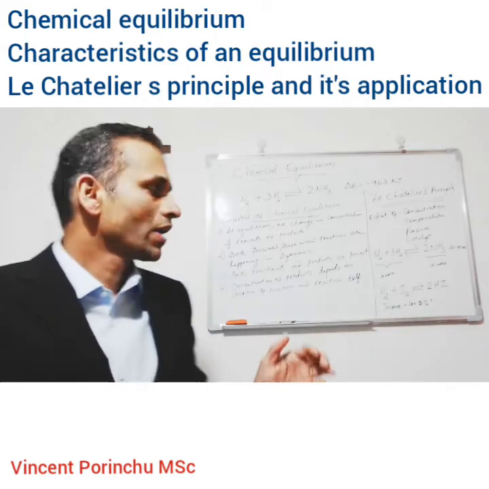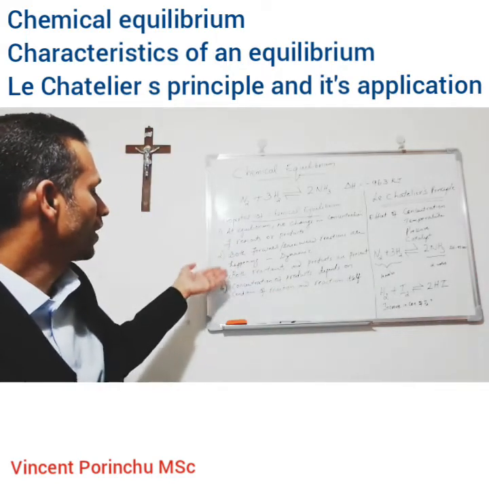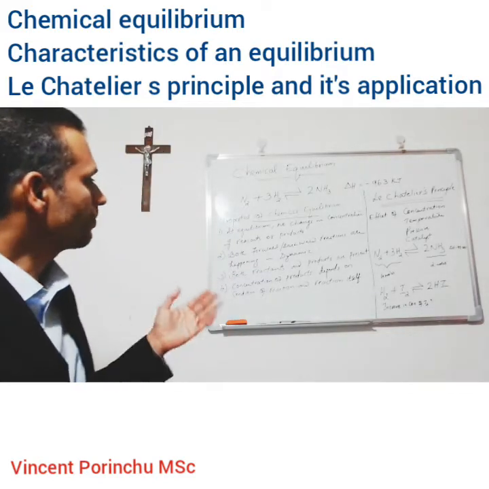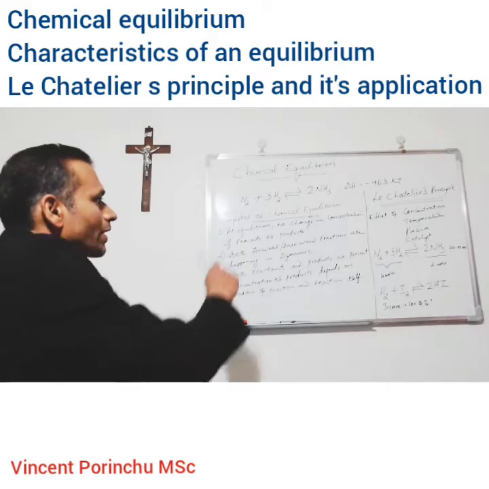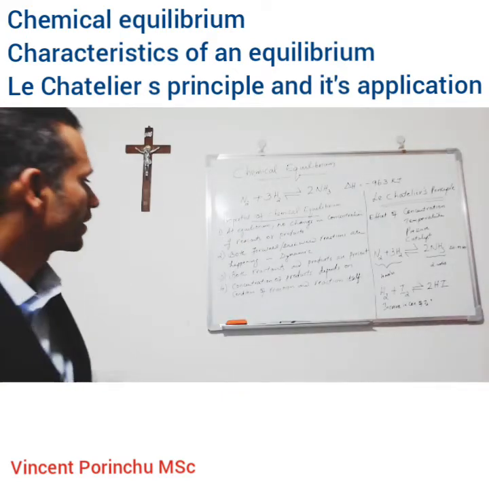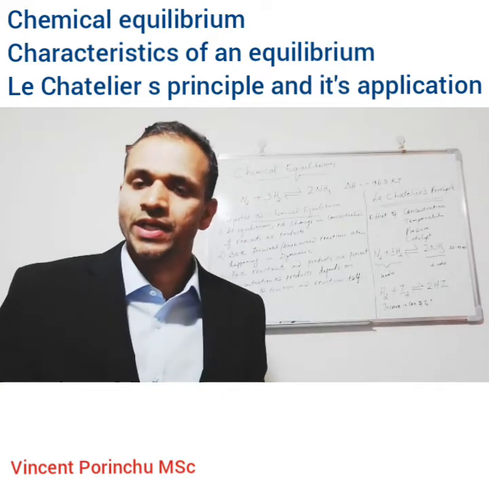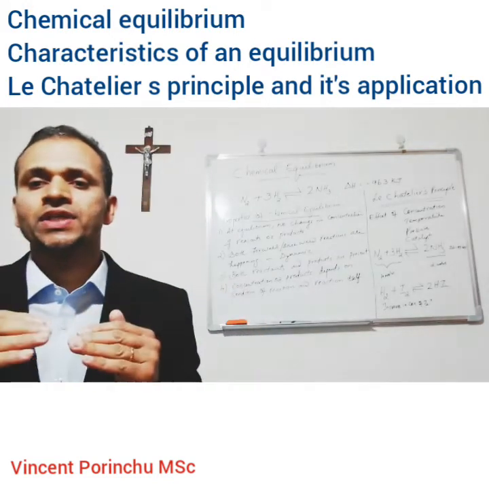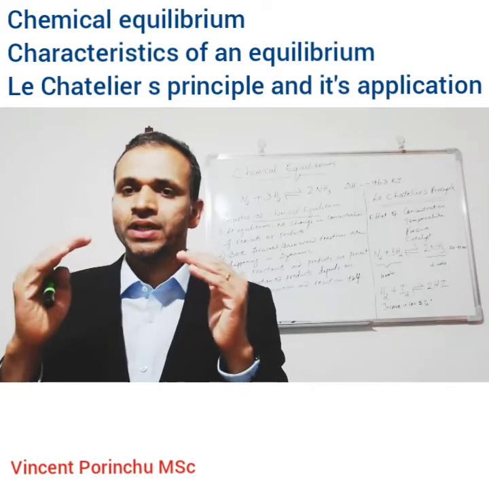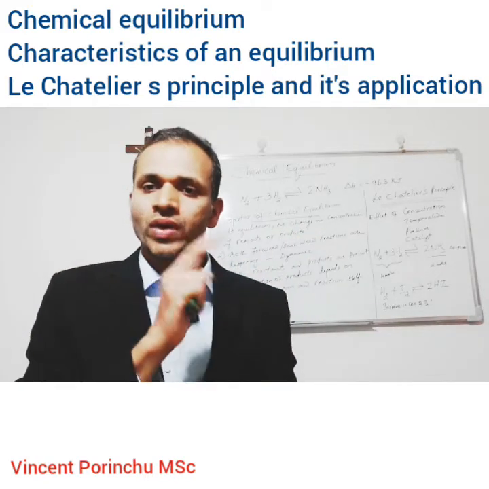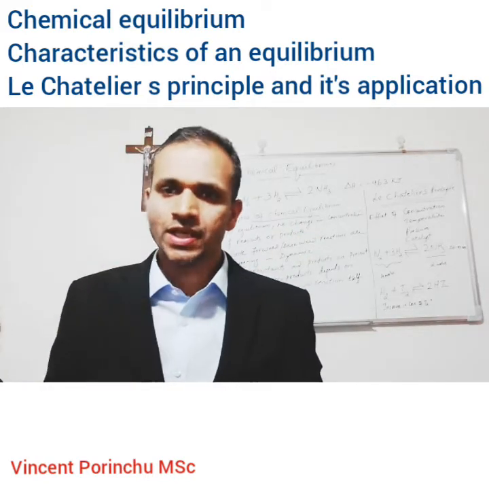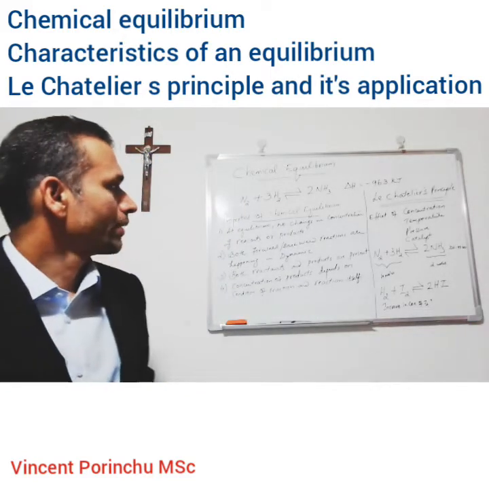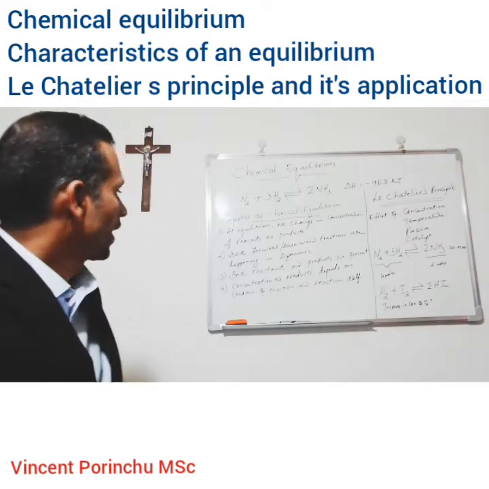Here I would like to discuss four properties of chemical equilibrium. The first point is that at equilibrium no change in concentration of reactants and products takes place. That means once an equilibrium state exists, the concentrations of reactants and products stay the same. The second point is that both forward and backward reactions are happening.